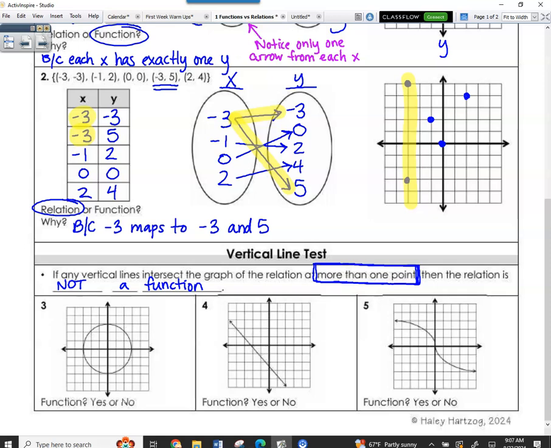Now you might need a refresher on which direction is vertical, which direction is horizontal. Couple of ways to remember this. Have you ever seen the horizon at the beach or a lake or a field? You know what the horizon is? If you go to the beach and you look out to the ocean, you're going to see the horizon, which is that horizontal line where the ocean meets the sky.